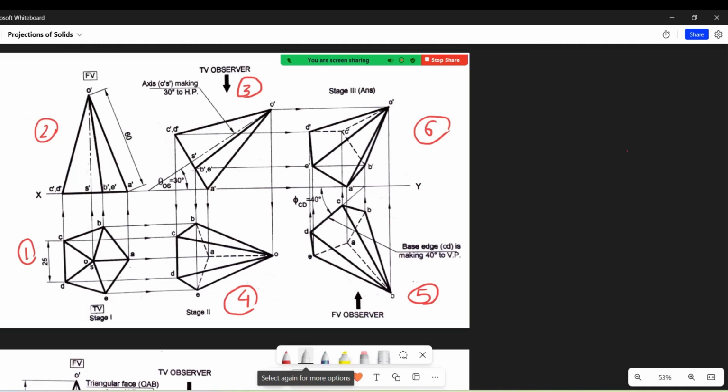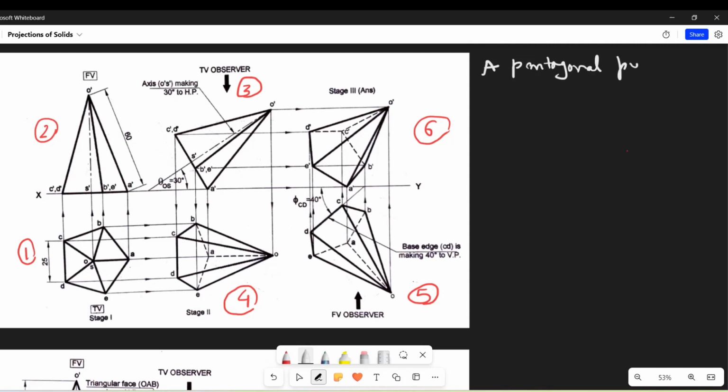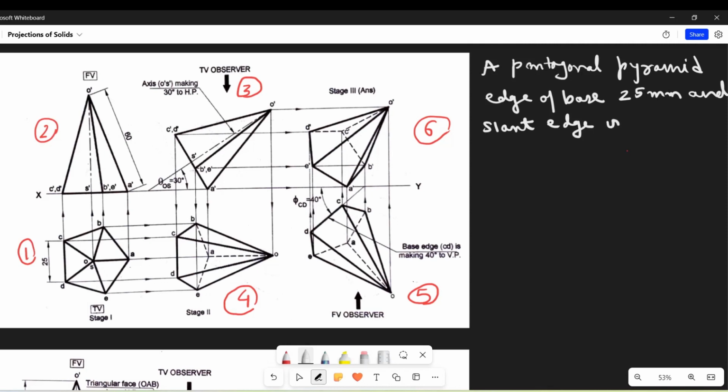So you can form the first sentence like this: a pentagonal pyramid, edge of base 25 mm and slant edge 60 mm. Understand here that the length of the slant edge is given and not the axis length.